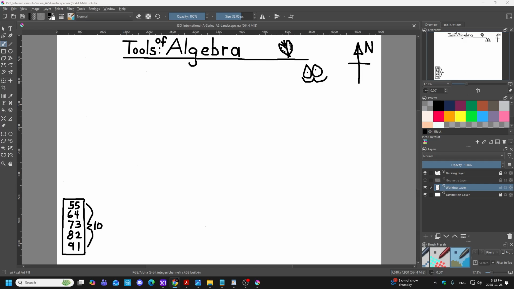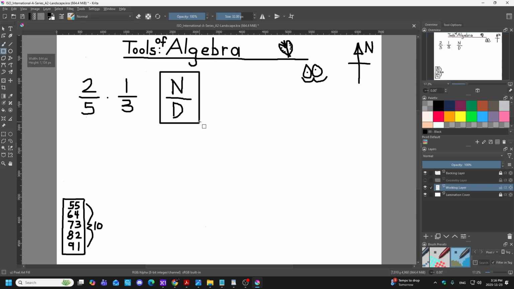Find each product. Product means multiplication. Multiplying fractions is as easy as multiplying the numerators together and separately multiplying the denominators together.